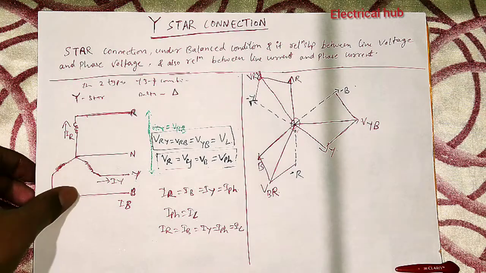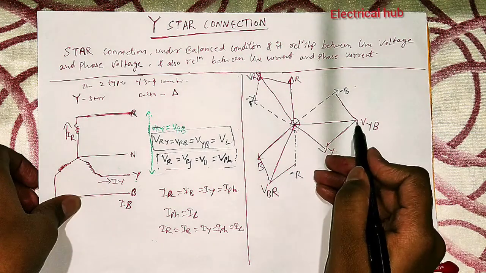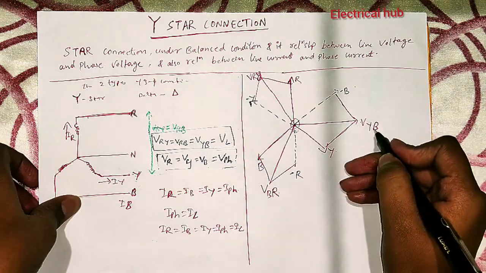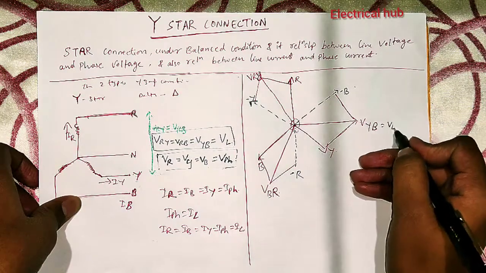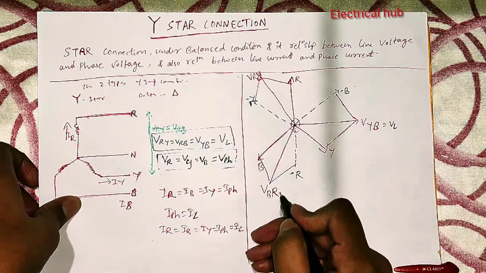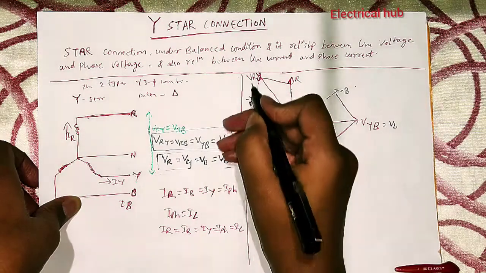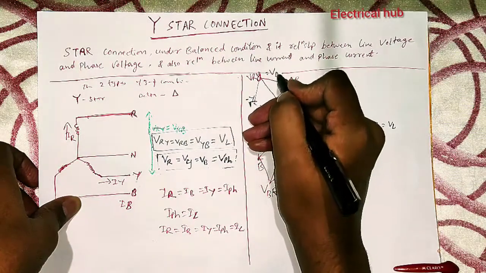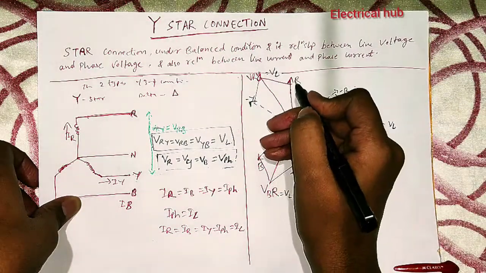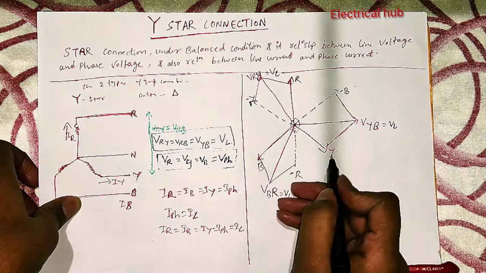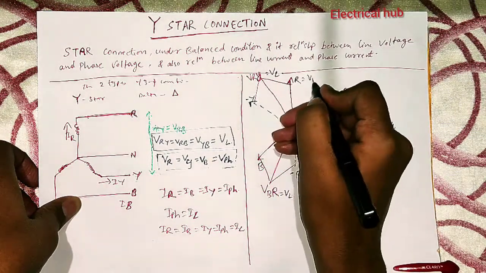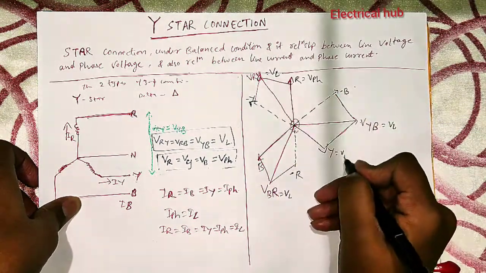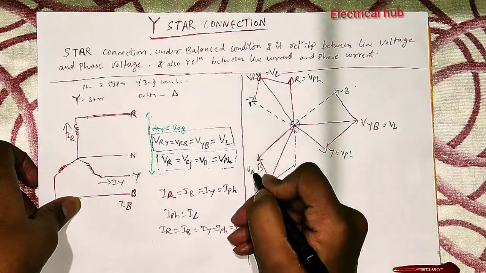So now I hope you understand that this is a resultant diagram, and this VYB is equal to VL, and this VBR is equal to VL, and this VRY equal to VL, and this single R term and B term and Y term is equal to VPH.